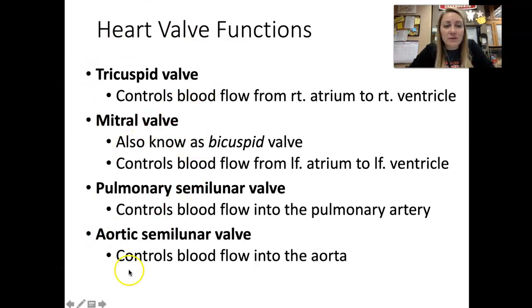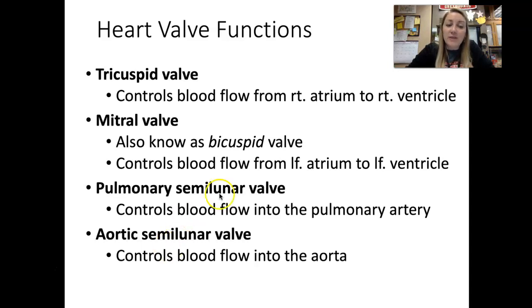So this is what I was saying with those valves, okay? Tricuspid controls blood between the right atrium and ventricle. The bicuspid, also called the mitral valve, controls blood between the left atrium and ventricle. Pulmonary semilunar valve controls blood from the right ventricle into the pulmonary artery.